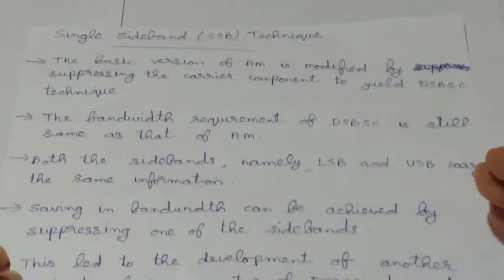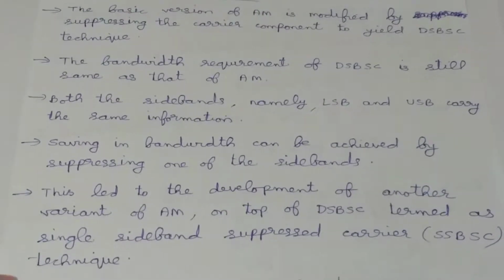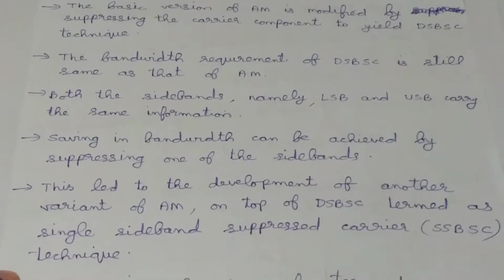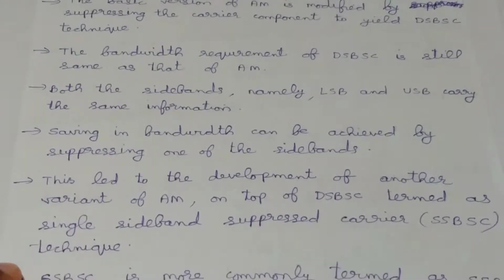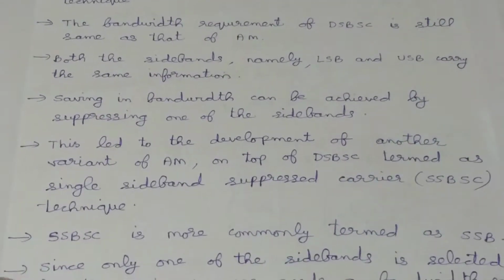This thought process led to the development of another variant of amplitude modulation on top of double sideband suppressed carrier, termed the single sideband suppressed carrier technique, or SSB-SC technique. And this SSB-SC is more commonly termed the single sideband technique, or SSB technique.